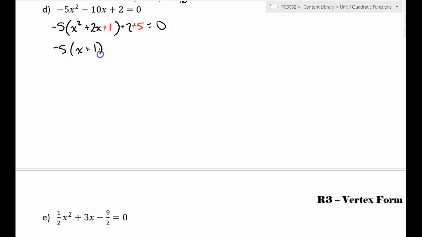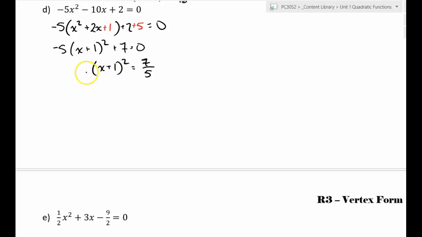X plus 1 squared plus 7 equals 0. So that's going to be, and I'm going to skip a step here, x plus 1 squared equals -7, but then divided by -5 is going to be +7/5. Okay, so that's moving the 7 over and then dividing by -5.